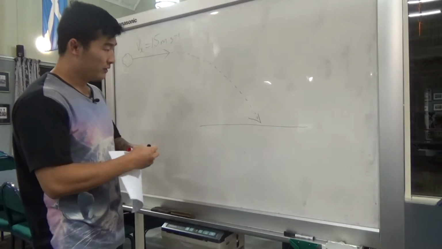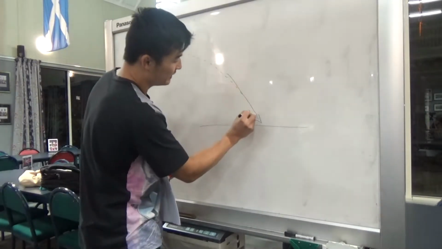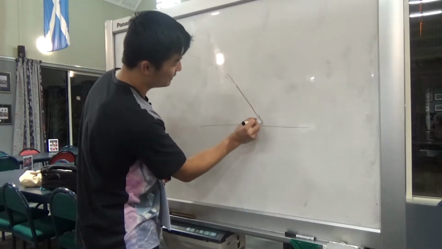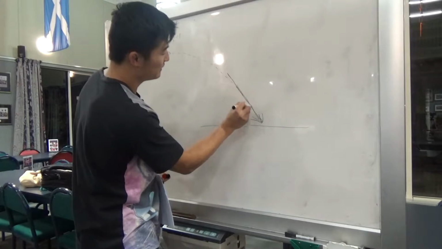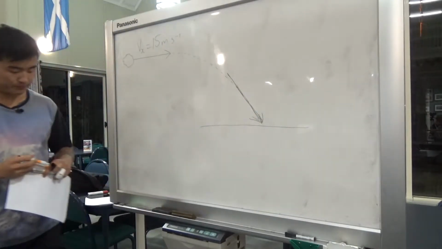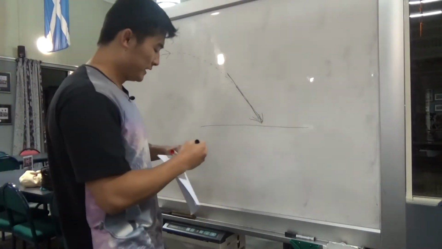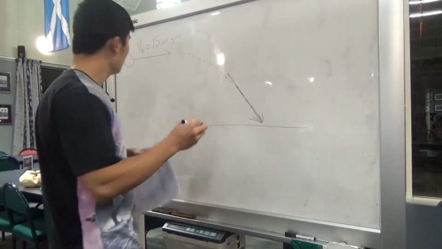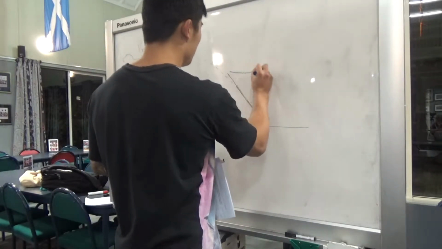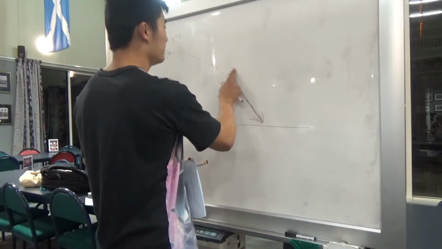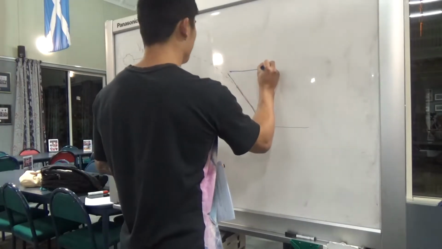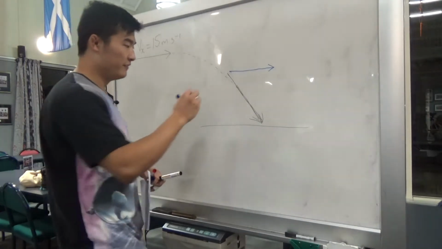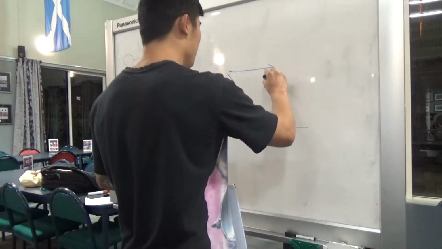So we want to know the velocity, the speed when it hits the ground. So this speed will have a horizontal component, and it will also have a vertical component.